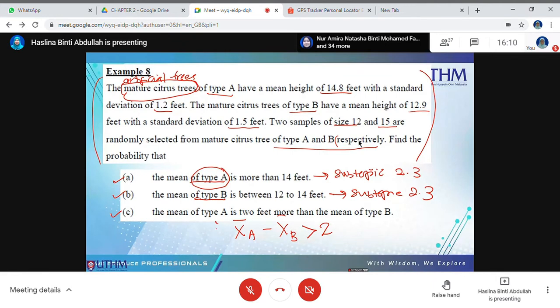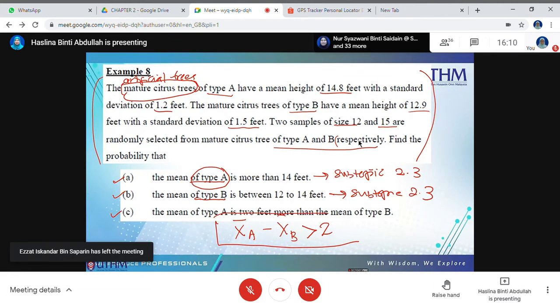Does anyone have a problem transforming the sentence into this form? For you to substitute the values into the probability formula, you need to transform the statement from the question into this equation.